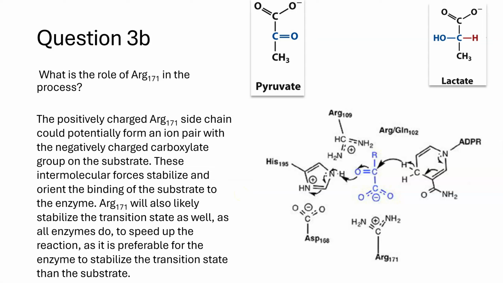All enzymes stabilize transition states. So if you're ever asked a question like this, that's got to be in your answer somewhere, because that is how enzymes decrease the activation energy and speed up the reactions, by decreasing the energy of the transition state.